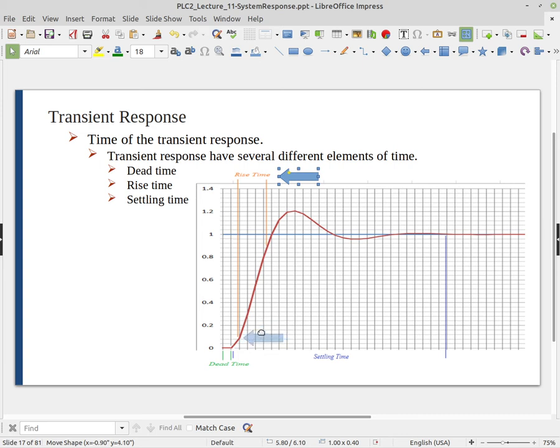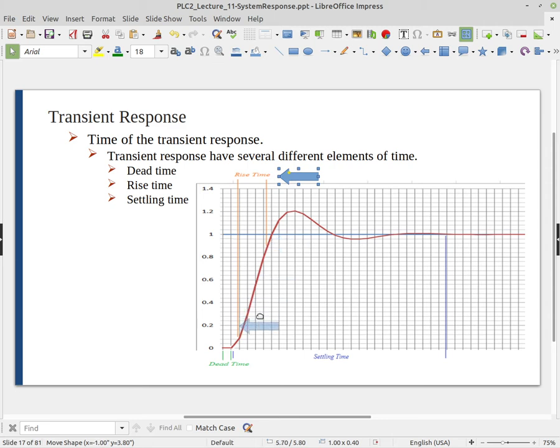In this case, they're one and the same, but later on we'll look at responses that don't make it to the set point. The rise time runs from when the value crosses 10% of its final value until it first reaches 90% of its final value. It may actually overshoot and come back below that 90%, but the rise time is defined as when it first crosses the 90%.